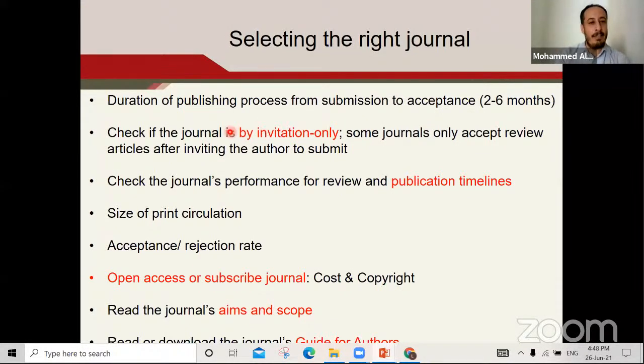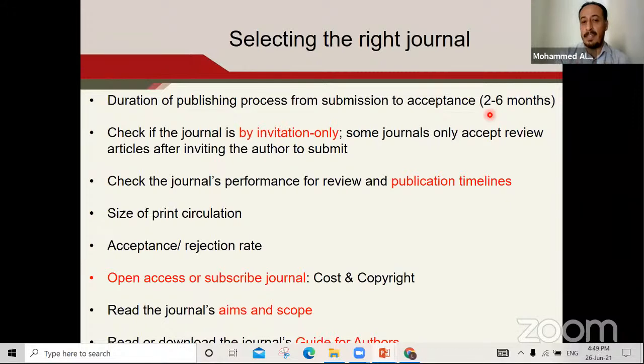So the duration of publication: if you want to publish your article fast, then you have to check the duration of acceptance. How can you check this? Just go to the journal website, download 5 articles and see. Usually each journal records when the article was first submitted and after how long it was accepted.